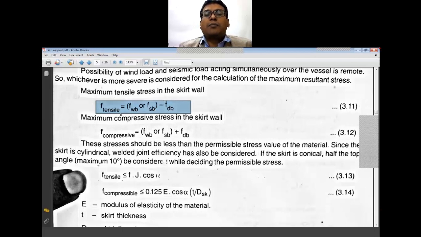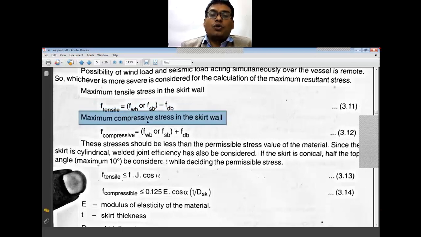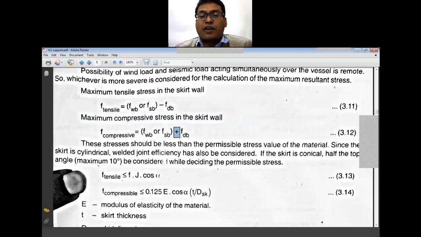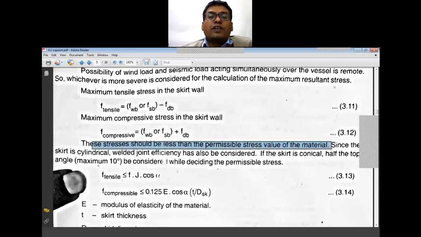And the maximum compressive stress in the skirt wall is the summation of the higher value of the wind load or the seismic load stresses plus the stresses because of the dead weight. So these stresses should be less than the permissible stress value of the material. Whatever compressive and tensile stresses are calculated should be less than the permissible stress value of the material.